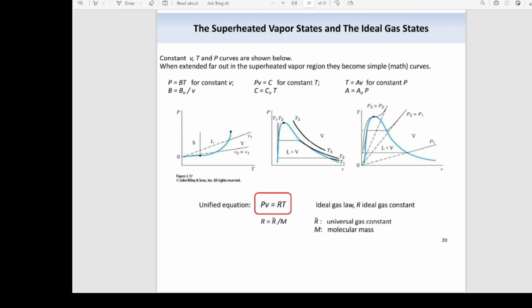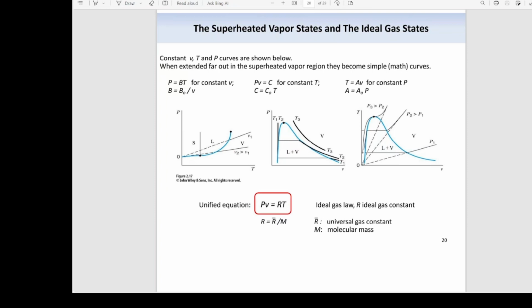Starting with the pressure temperature curve, the pressure is essentially equal to some constant times temperature. So you basically have a straight line here, as long as we're talking very high temperatures and very low pressures. Same thing here.